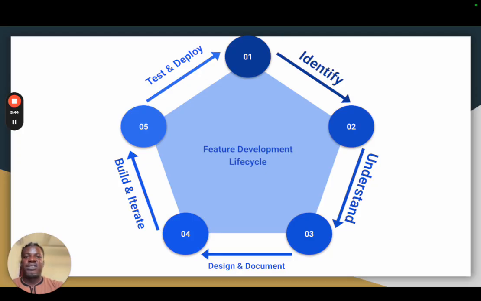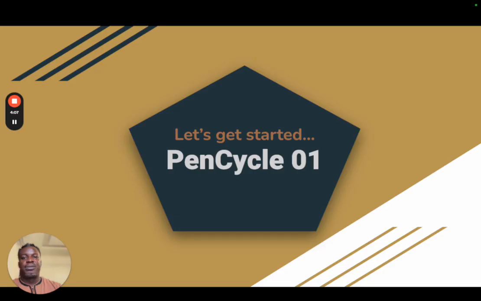Phase one is to identify what the problem is. Phase two is to understand the problem, then design and document your technical solution. Based on that design and documentation, you can build and iterate before testing and deploying.